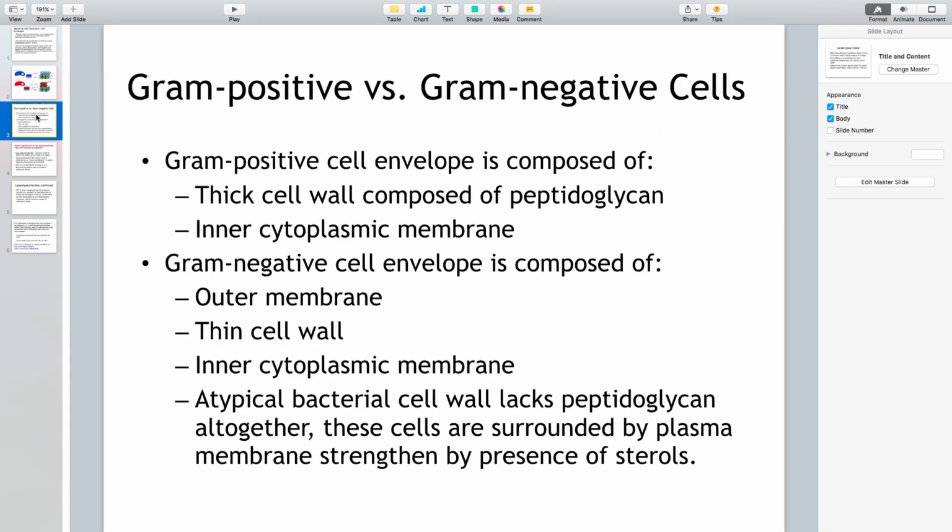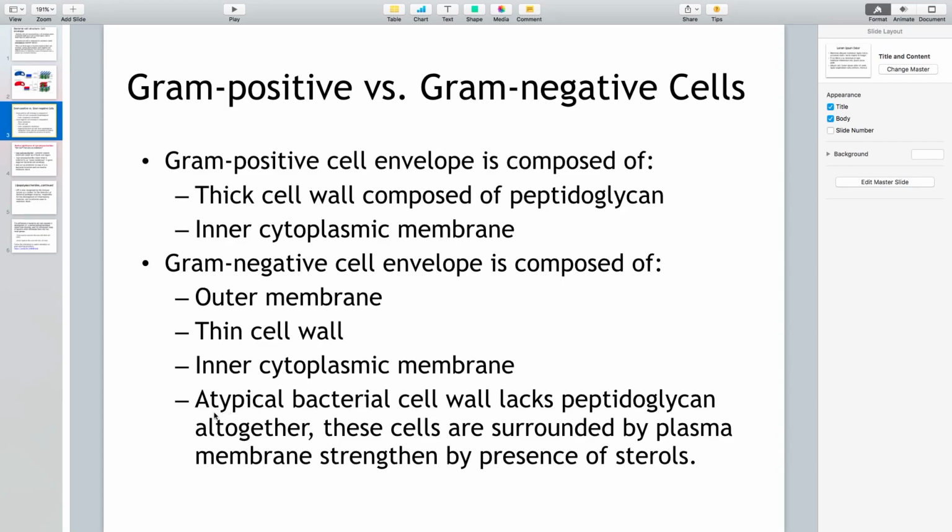So let's quickly review. Gram-positive cell envelope is composed of thick cell wall of peptidoglycan, inner cytoplasmic membrane. Gram-negative cell envelope is composed of outer membrane, thin cell wall, only one layer of peptidoglycan, and an inner cytoplasmic membrane.